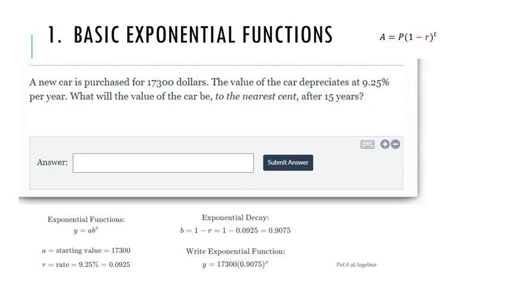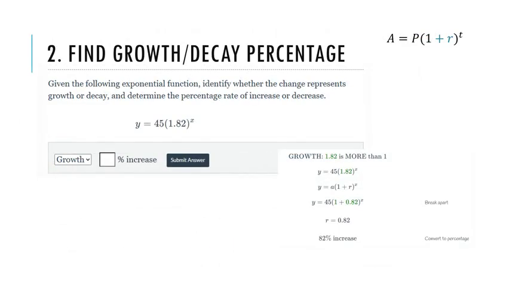Either way, when you punch that into your calculator, you're going to get 15,699.75. All right, so that is how much money the car is worth in 15 years.